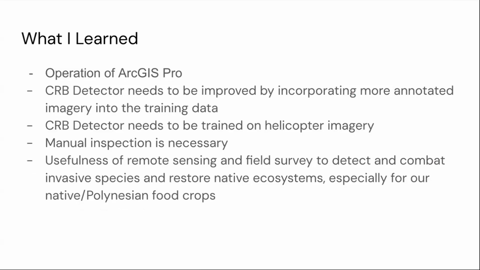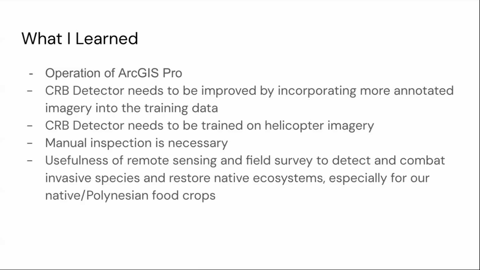The CRB detector that I have is only trained on drone imagery. There are about 13,300 annotations that built up this model detector, but it's all drone imagery. So running it on helicopter imagery wouldn't be as good because of the resolution difference.